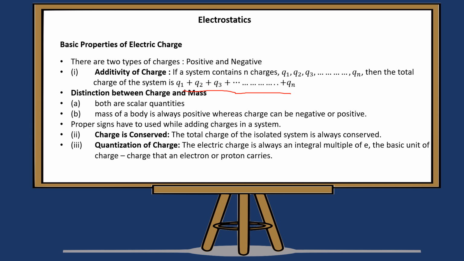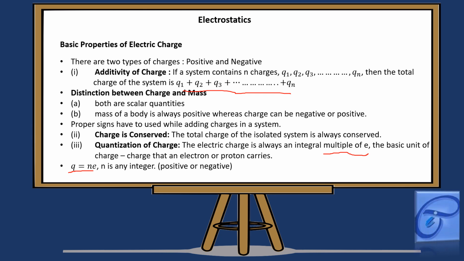The total charge is always an integral multiple of e, the basic unit of charge, that is, the charge on an electron or a proton. Mathematically, total charge is an integral multiple of the basic unit of charge: q is equal to ne, where n is an integer, positive or negative.